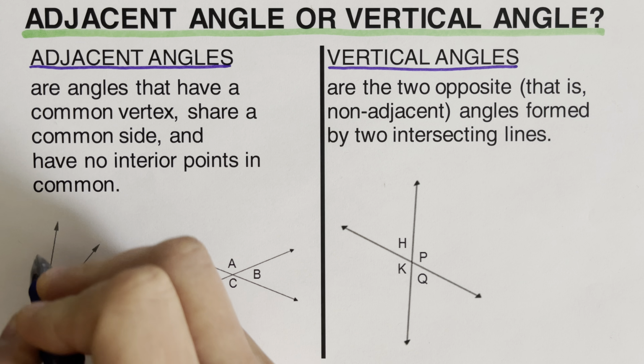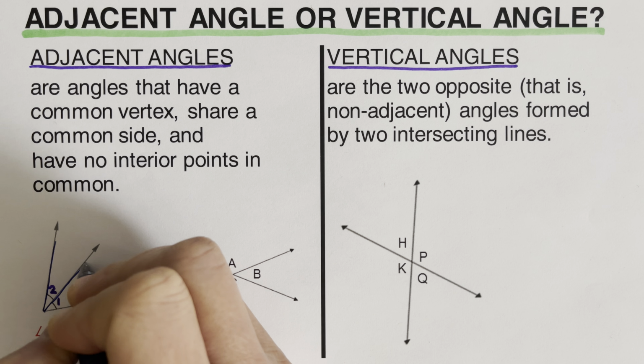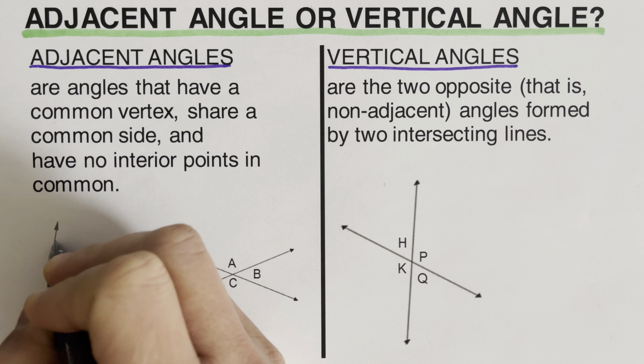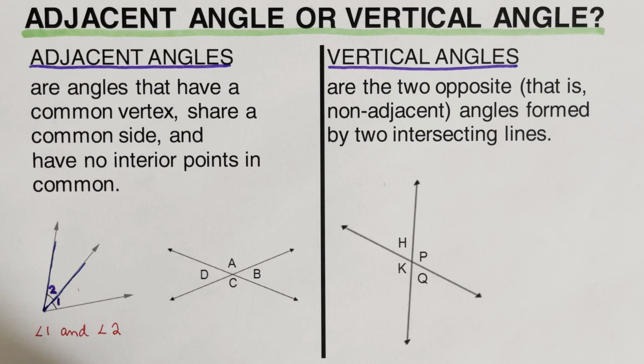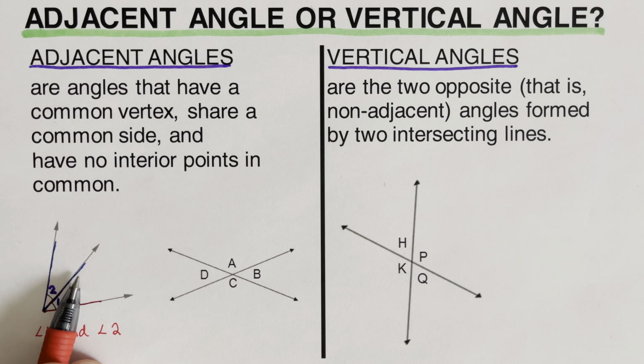If I label angle 2 in blue and angle 1 in red, you can see that the blue and the red angles are touching each other at a common side, which is this ray right here. So both angle 1 and angle 2 are adjacent.